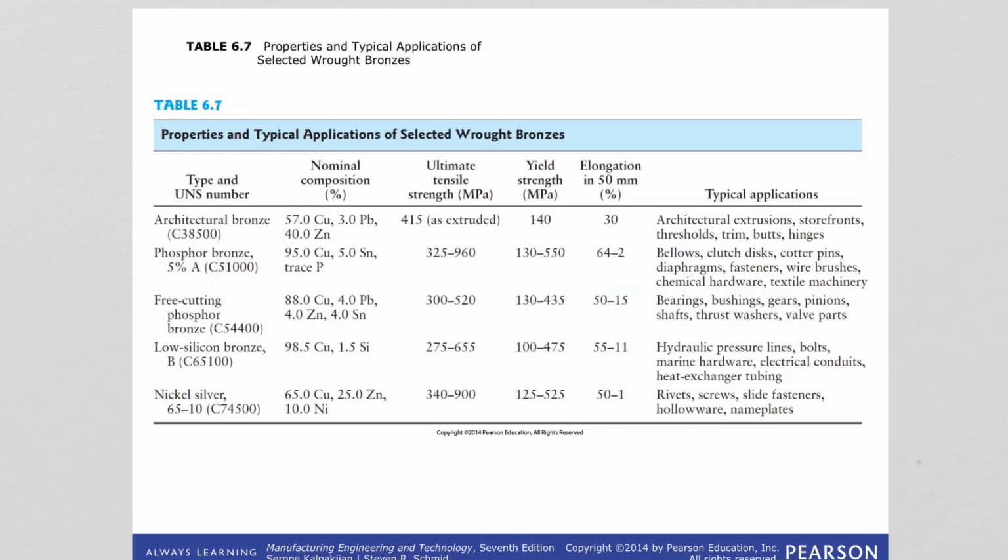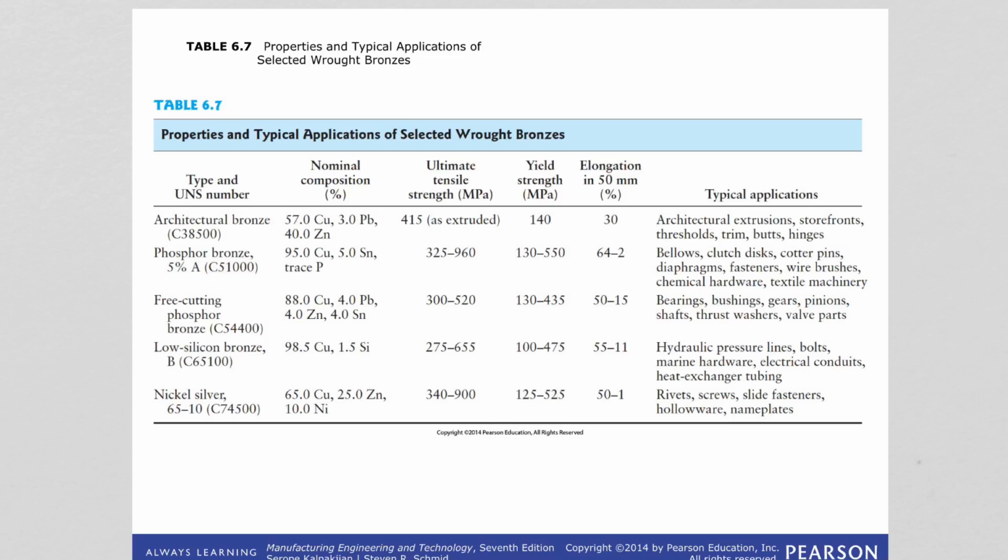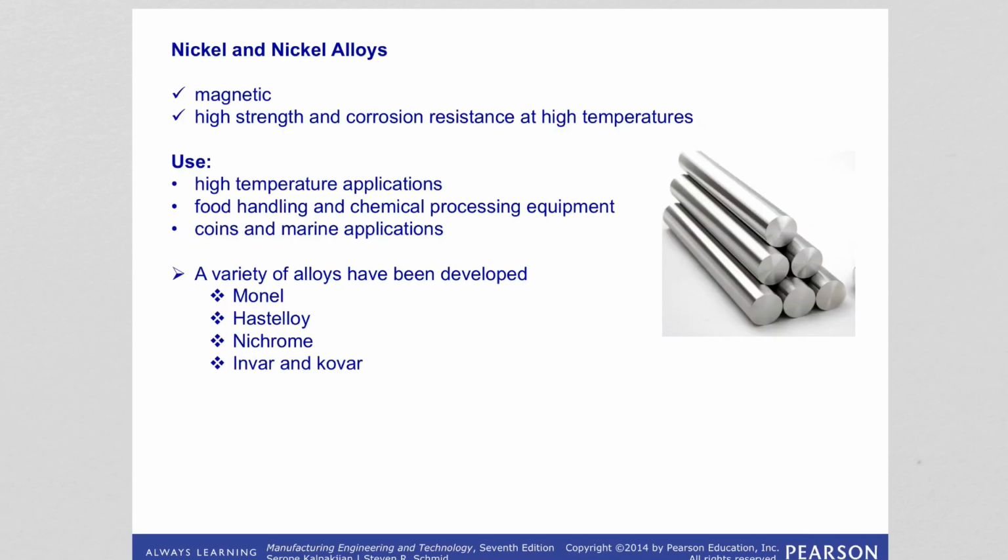Okay, so this, I think, is a continuation of the table. The next is nickel and nickel alloys. These alloys are important because they are magnetic.